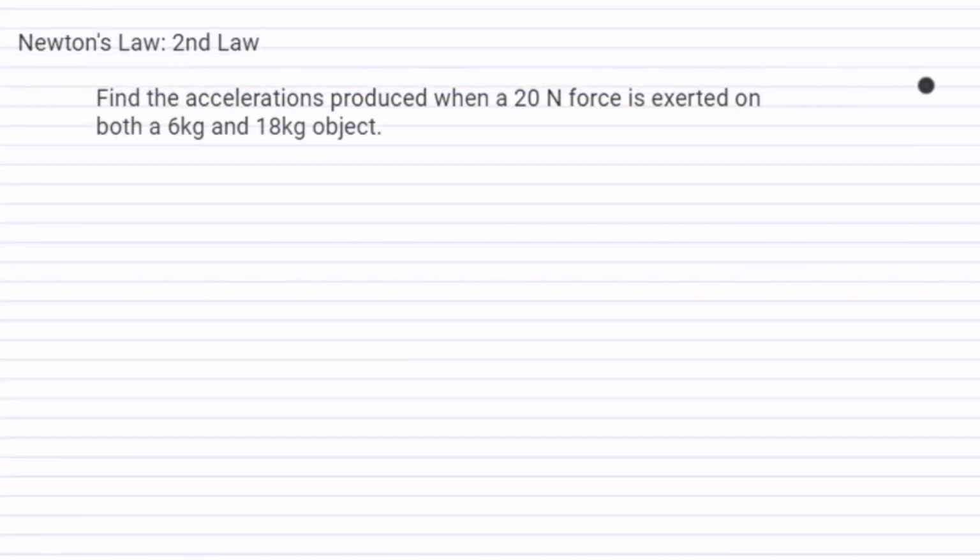Our next problem comes from Newton's laws, specifically the second law. The problem is: find the accelerations produced when a 20 newton net force is exerted on both 6 kilogram and 18 kilogram objects. So let's provide the givens first.